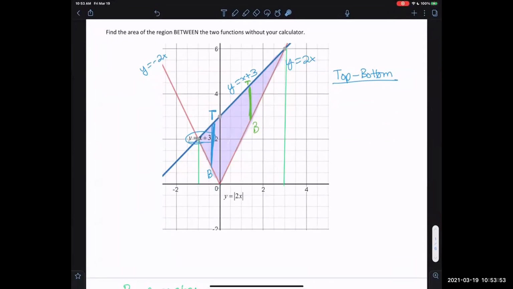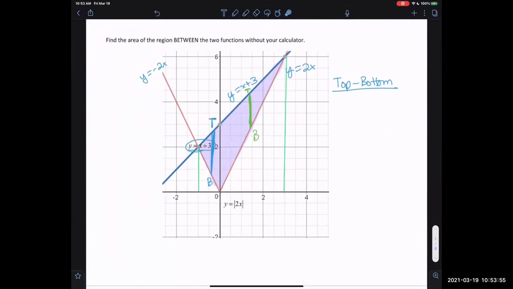Okay. So two things that I want you to keep in mind when you're finding area between regions, top minus bottom. The key to top minus bottom as a method would be, number 1, all equations are in y equals form, and your bounds are x values.